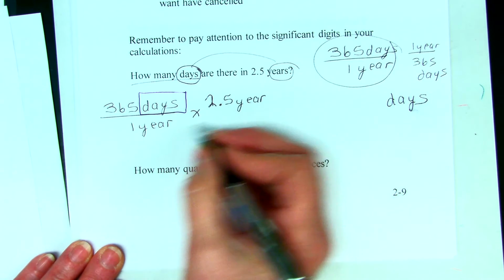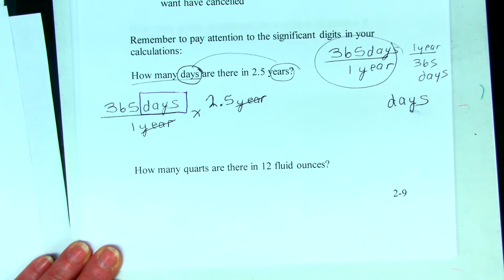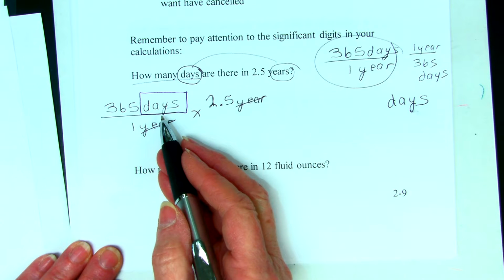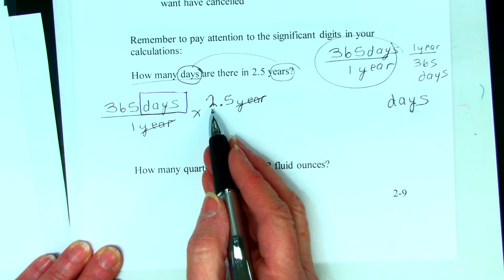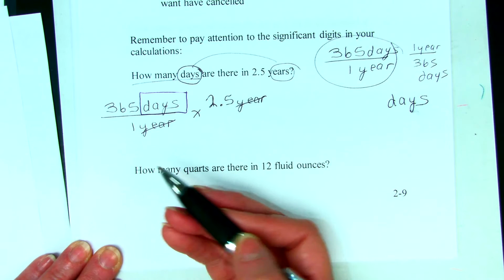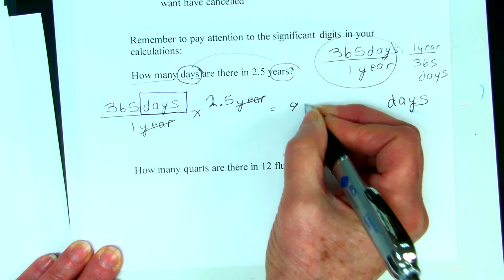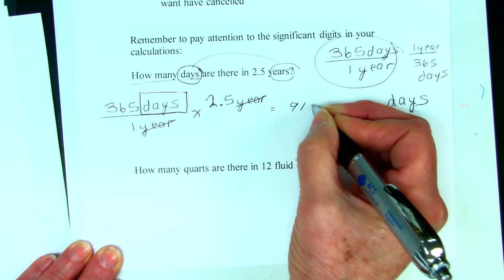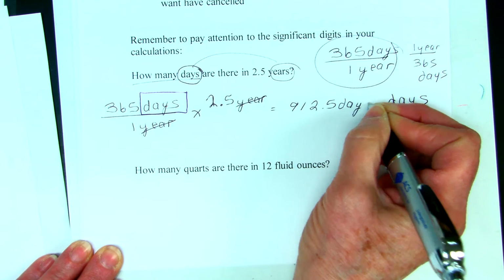So now, year divided by year is 1, so that unit cancels. I'm left with days. Now all I have to do is multiply across. You multiply across and then divide, and I get my answer. 912.5 days is what my calculator says.